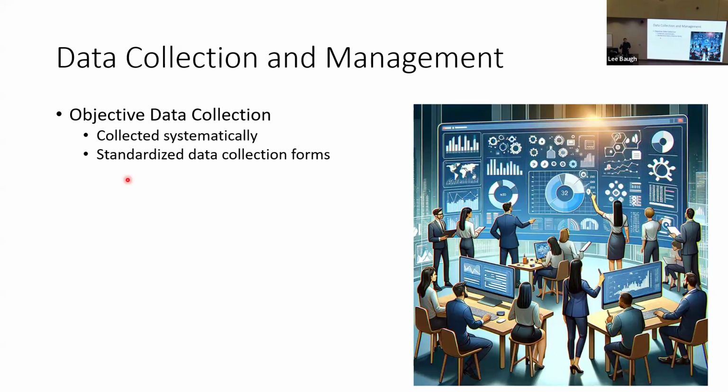But ideally, you want objective data collection that's collected systematically and standardized. So you don't want to have differences in how data is being recorded or how events are being interpreted across investigators. So if you have two people working on a study, you want them to be looking at things exactly the same way. So standardization in those data collection forms.